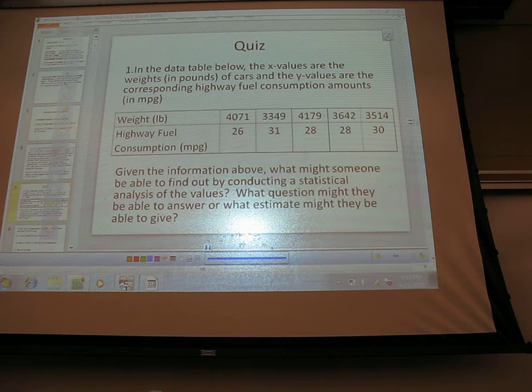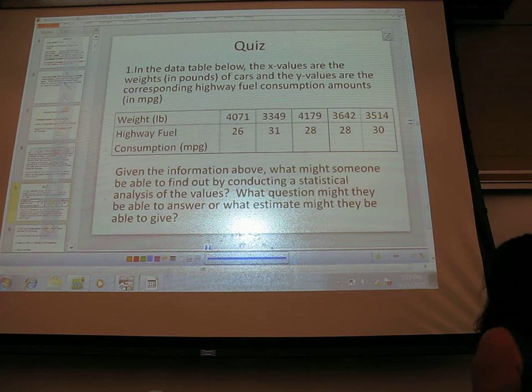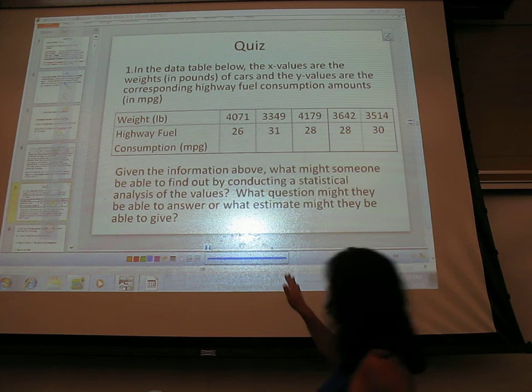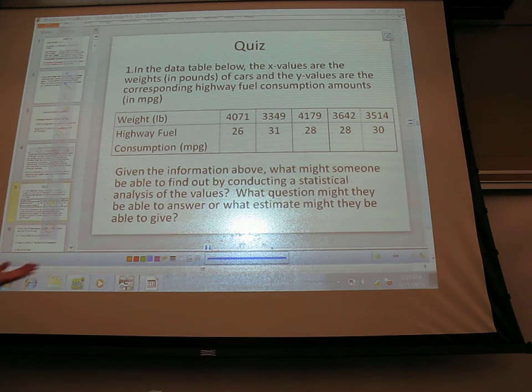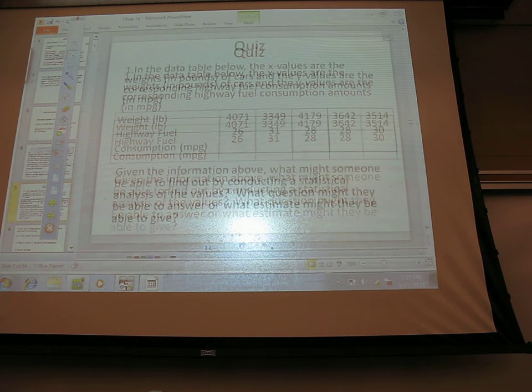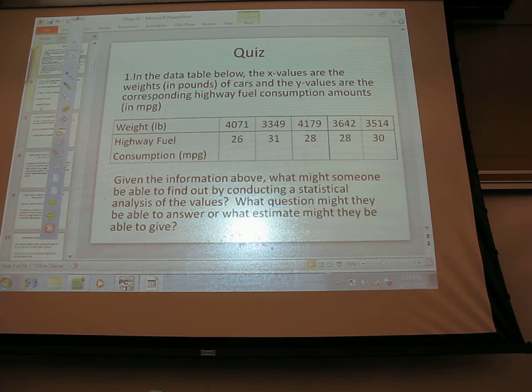How weight affects fuel consumption? Yes, how weight affects fuel consumption, or are weight and fuel consumption related in some way. So hopefully you got that. Perfect. And again, you can only say that they're correlated. Without doing an experiment, you can't say that one causes the other, but you can make some guesses.